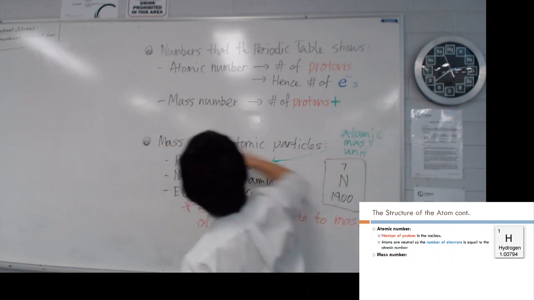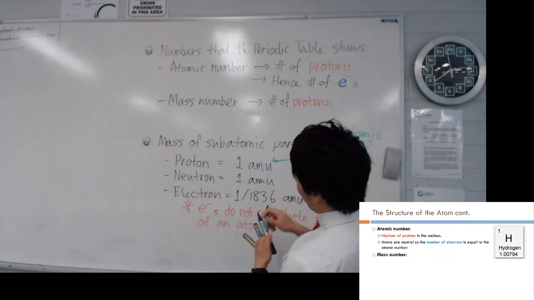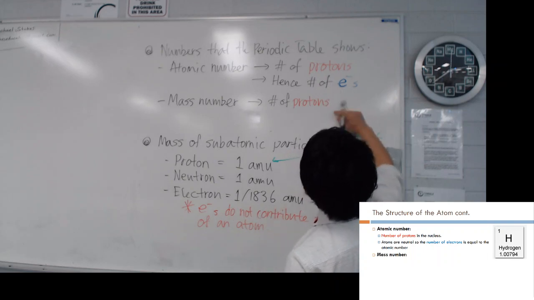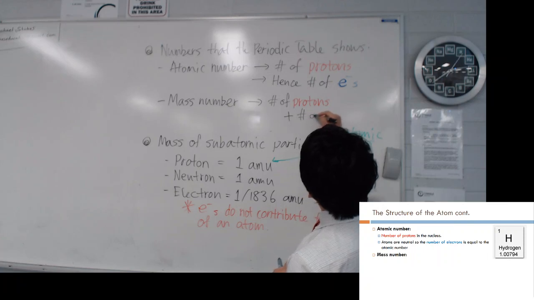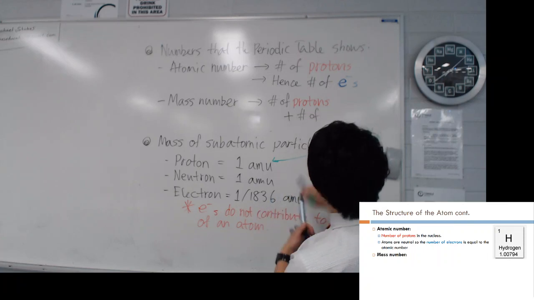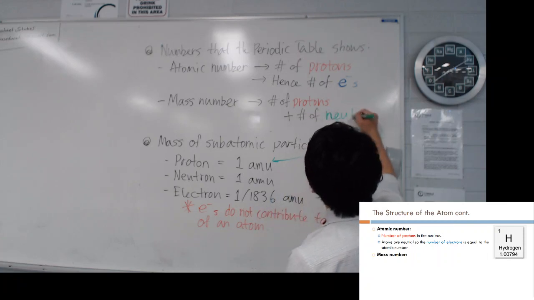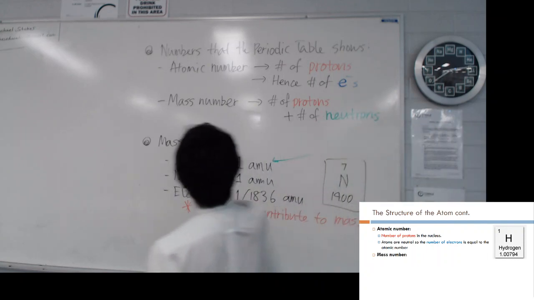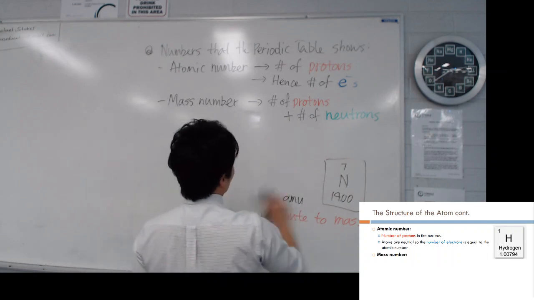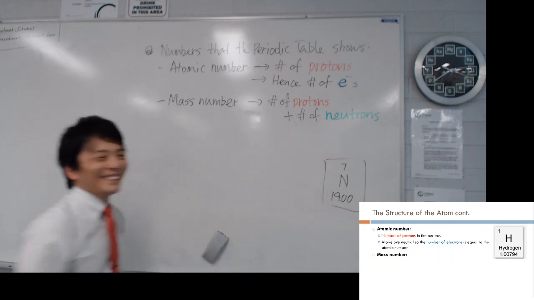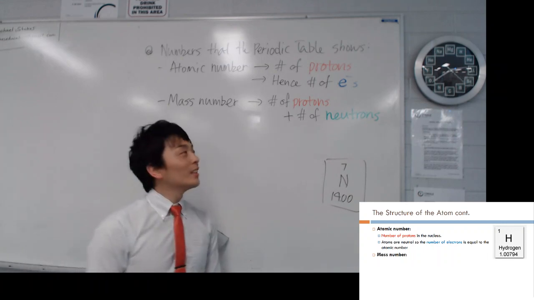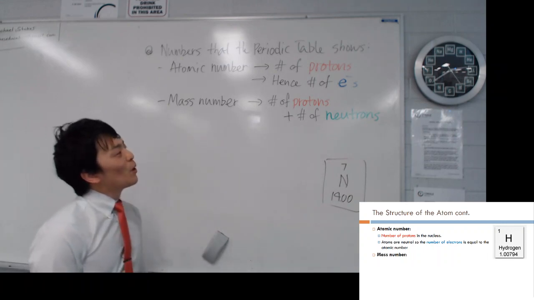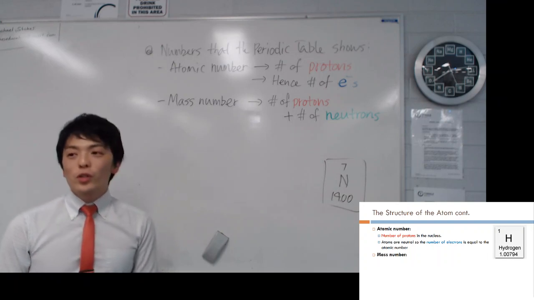Oops, different color. Mass number is the number of protons plus the number of neutrons.